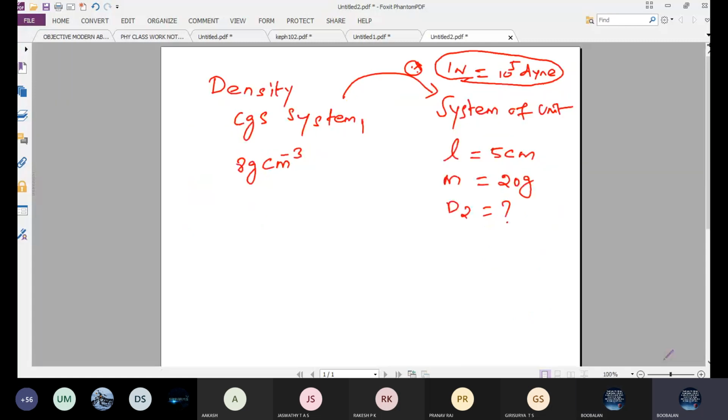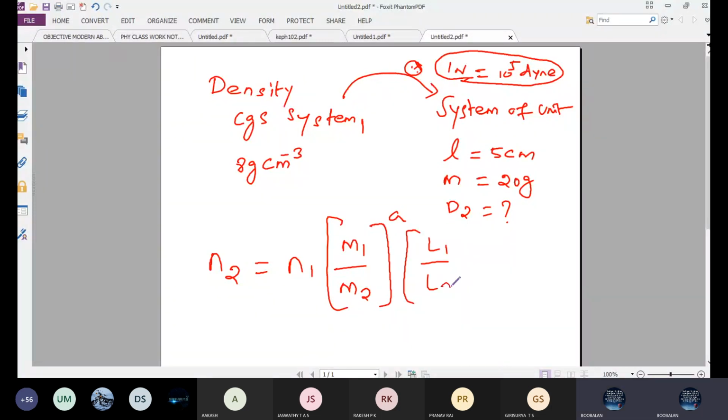Okay, listen. Listen, everyone. N2 formula: N2 equal to N1 into M1 divided by M2 whole power a, L1 divided by L2 whole power b, T1 divided by T2 whole power c.